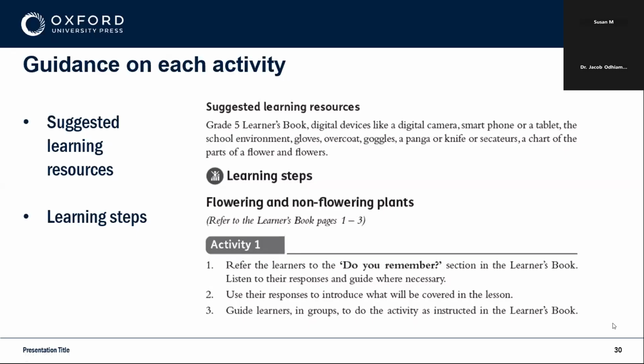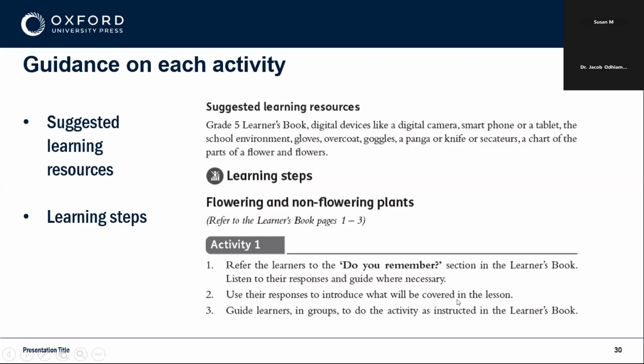This was advice from the KSCD so that the teachers use curriculum designs as they teach. If we have everything here, including the learning outcomes, then they will throw away the curriculum design. So each teacher is supposed to have a curriculum design, learner's book, and the teacher's guide. The suggested learning resources are given there.